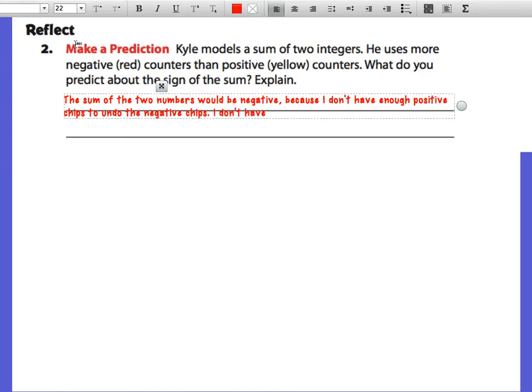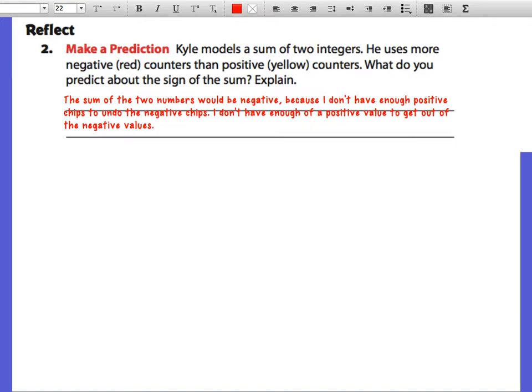Or I do not have enough of a positive value to get out of the negative values.